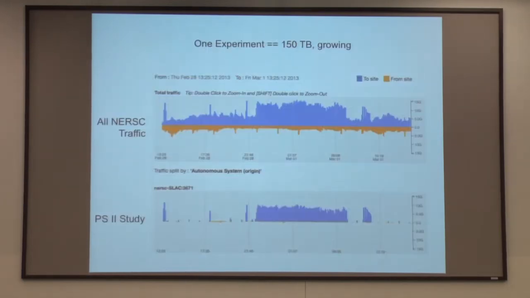This generates a lot of data, 150 terabytes per experiment. This is going only upward as detectors get faster and higher resolution. A good 10 years left on the exponential curve for this type of activity. It triples the traffic across our border when it happens.